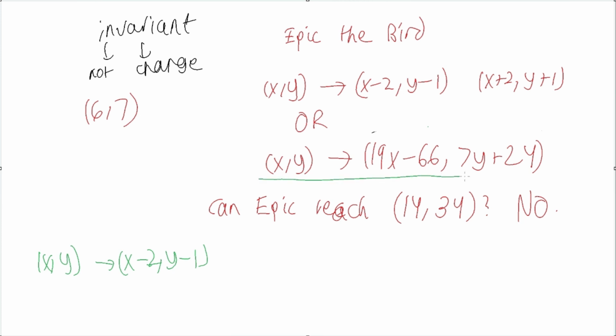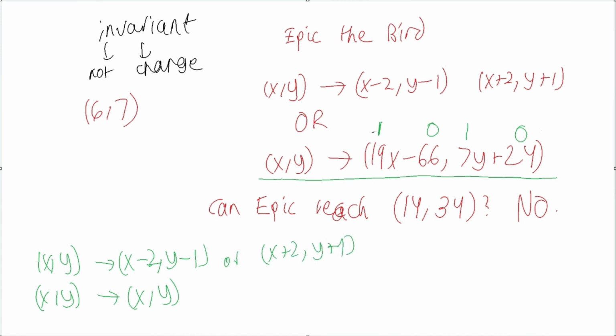But this one here actually does change modulo 3, but this one here does not, because 19 is equivalent to 1. This is 0, 1, 0. So that means that (x, y) ends up going to (x, y) modulo 3.